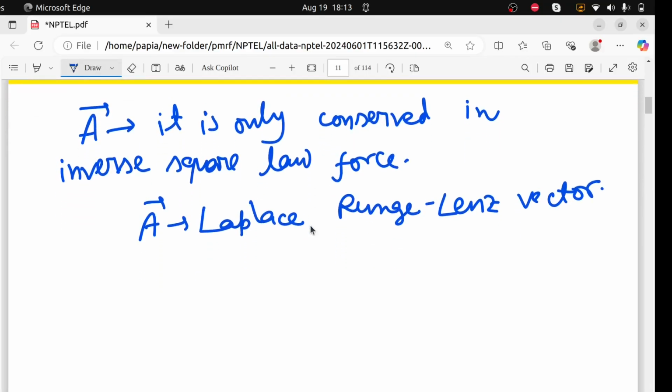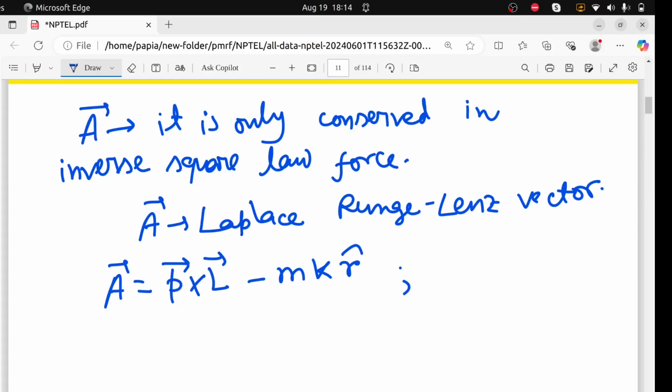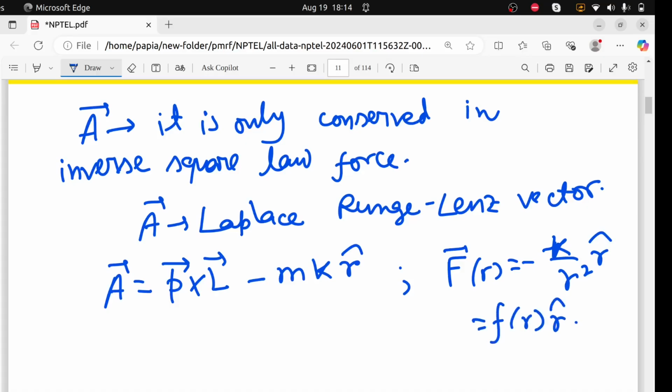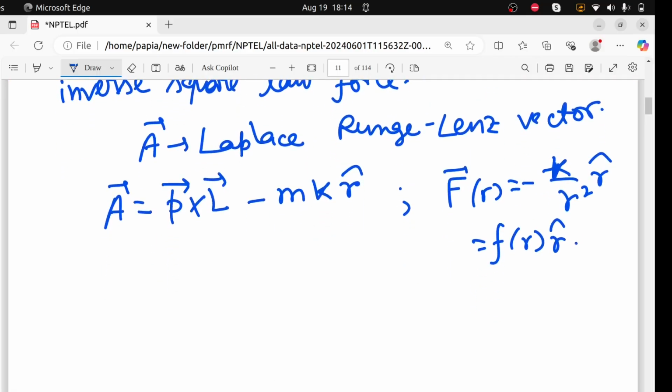So what is the expression for that A? A has the expression P vector cross L, P is the linear momentum, L is the angular momentum, minus M K R cap. Why K? Because you can understand how K is coming. F of R is like minus K by R square R cap. So from there our K is coming. I can write it like F R cap as well. Okay. So this is conserved only in the inverse square law.